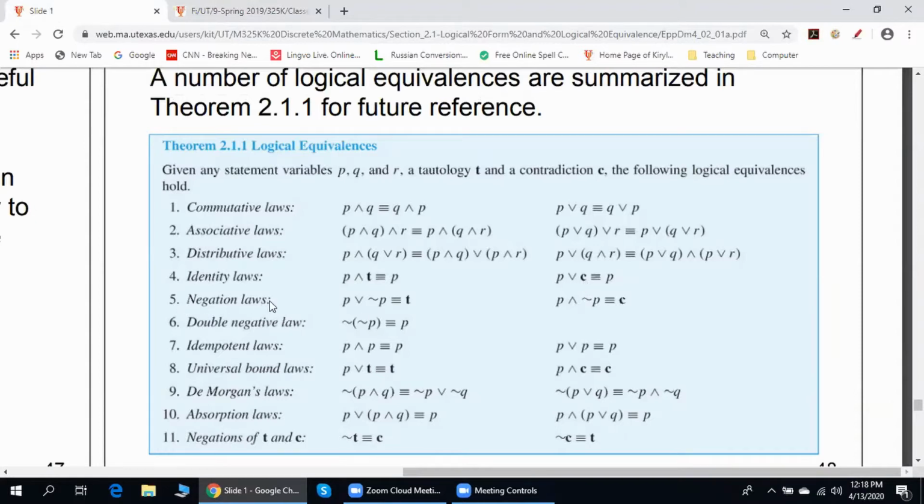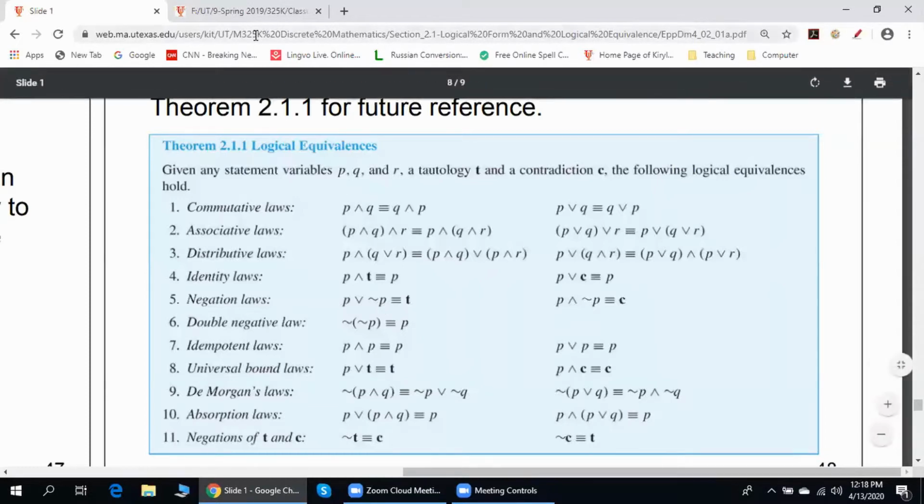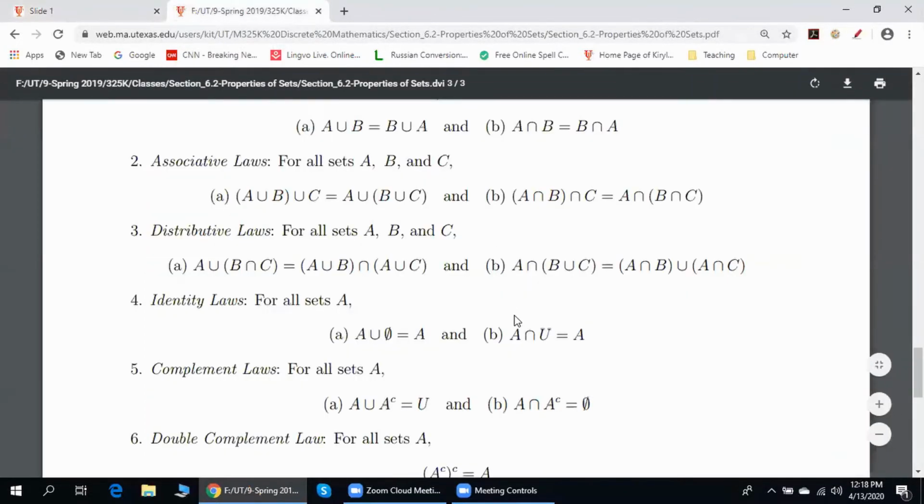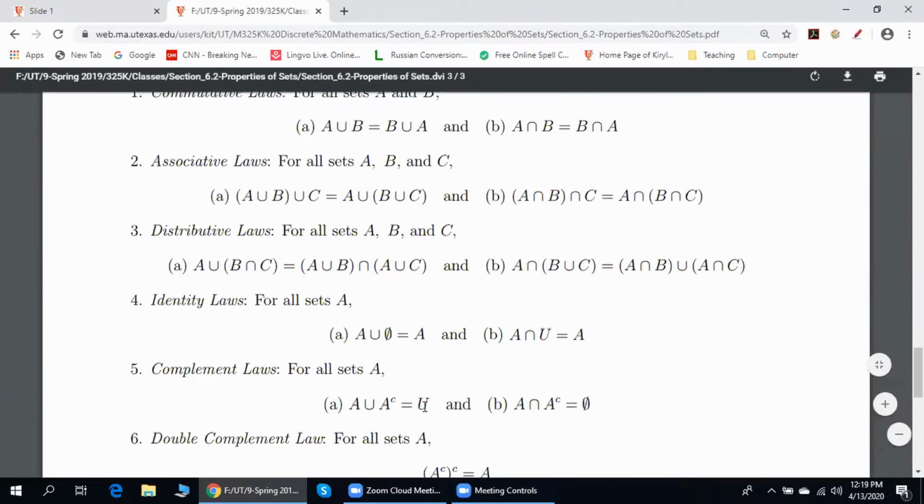Please take a look at negation laws. P or negation of P is equivalent to tautology. Compare with 5A. A union A complement is equal to the universal set.